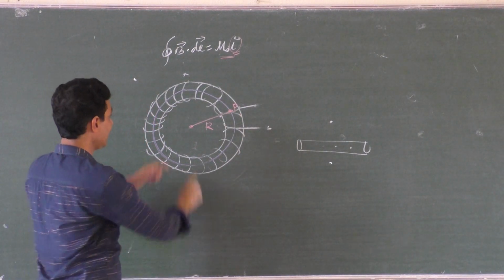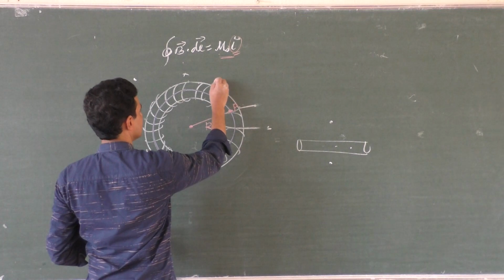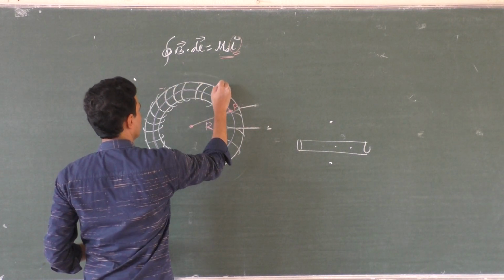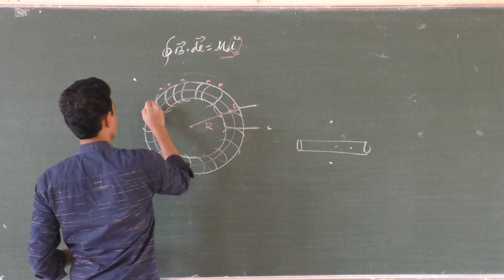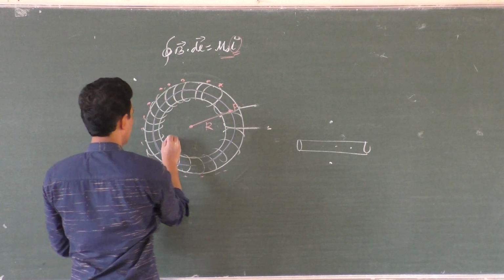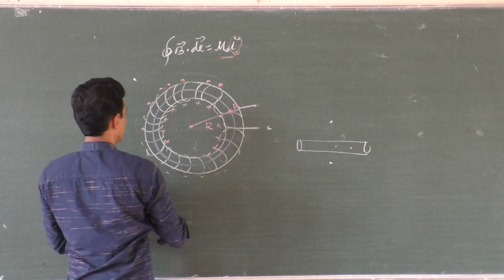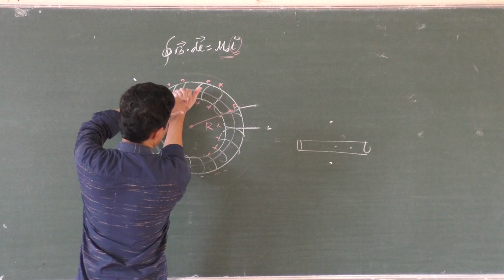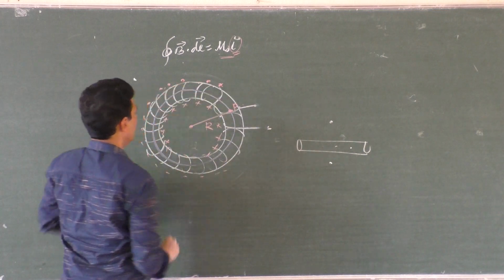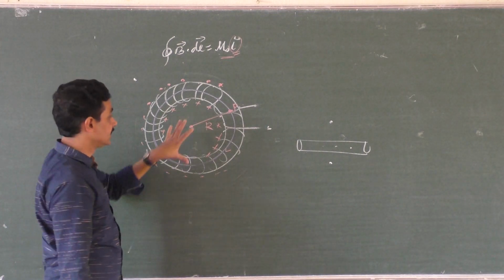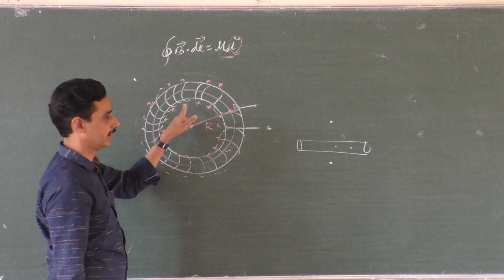Here you see this Amperean loop doesn't enclose the wires going into or coming out, and they are going in here, taking the current inside. Say current is taken out and going in, taken out, going in. So like this. This Amperean loop, marked in purple color, is enclosing only these wires.